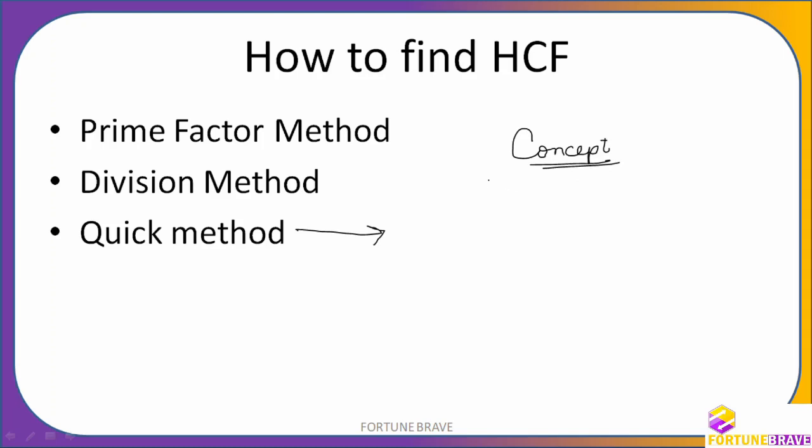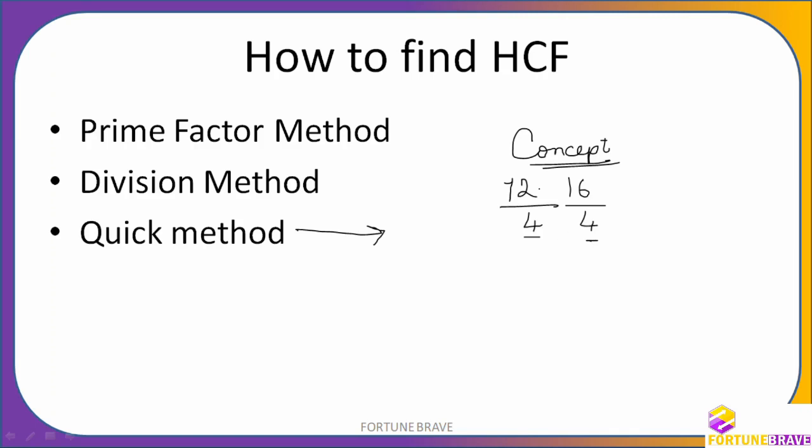HCF is the number which divides more than one number. It is the biggest number which divides the given numbers. For example, in this 12 and 16, 4 divides this perfectly and this perfectly, and this is the highest among those numbers.